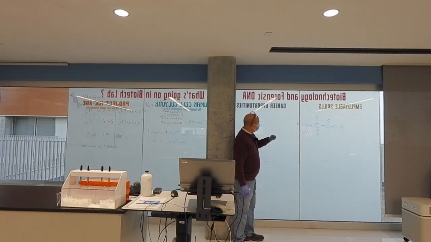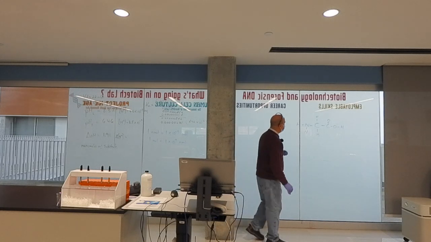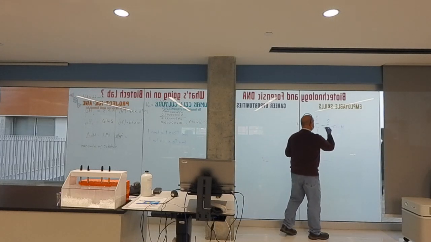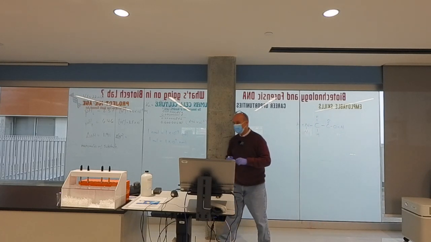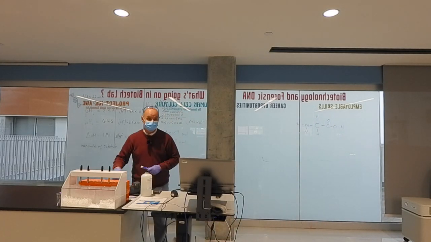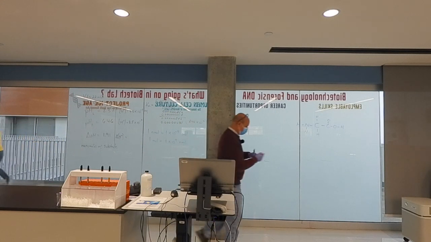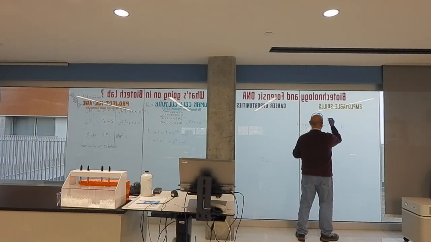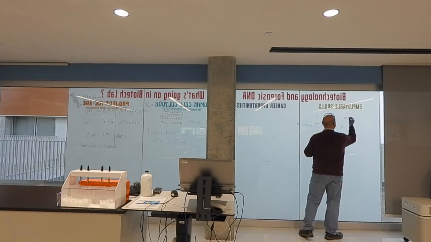Now when you look at that structure, there's a number of things that we need to talk about. This right here on the right, the carboxyl group, is a weak acid. Okay? So this is an acid.